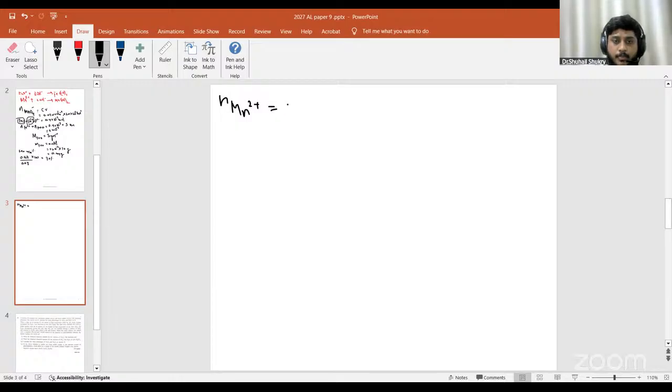0.4 into 10 to the minus 3 mole. This is only Mn2+. Therefore, you can find that the Mn(OH)2 moles will also be the same. Manganese hydroxide moles will also be the same thing.